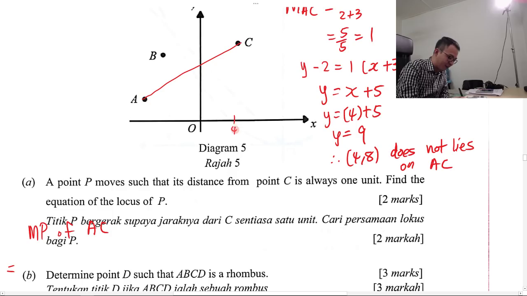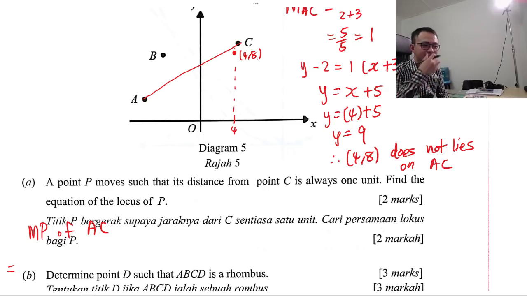So my (4, 8) should be here. So (4, 8) doesn't pass through AC. It's just slightly below it. Because (4, 9) is the point that lies on AC. You can always use y equals mx plus c.